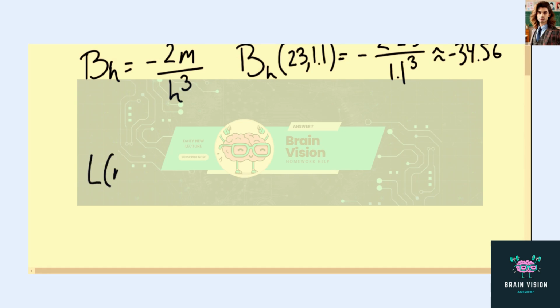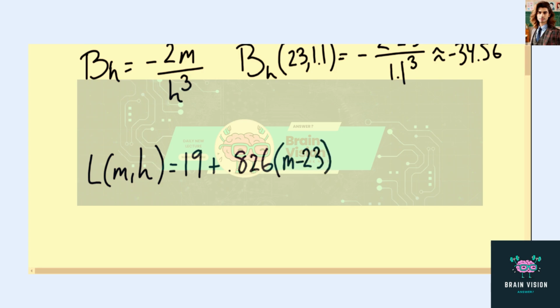That means L, our linearization at m and h, is going to be equal to 19 plus 0.826 times m minus 23 minus 34.56 times h minus 1.1.